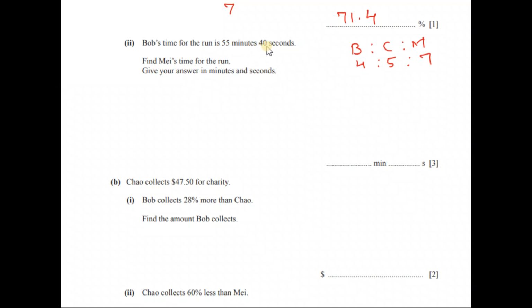Okay, so first thing, I will convert 55 minutes and 40 seconds to decimal. Okay, so that would help me in this question. Or I think I can do it in fractions also, improper fractions. So if I convert 55 minutes 40 seconds to an improper fraction, how do I get it?